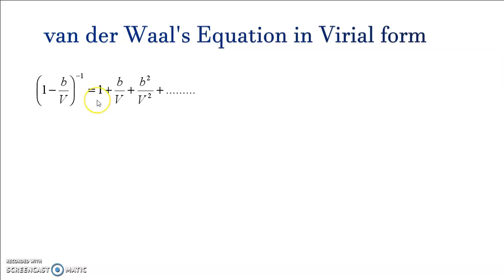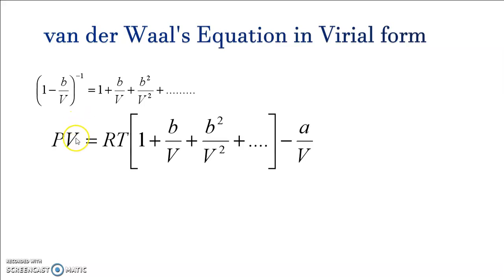Like that, I am expanding this term also as 1 plus b by V plus b square by V square plus etc. And combining with the former equation, PV equals RT into, in place of 1 minus b by V raised to minus 1, I am giving this expansion, and the new equation becomes this.